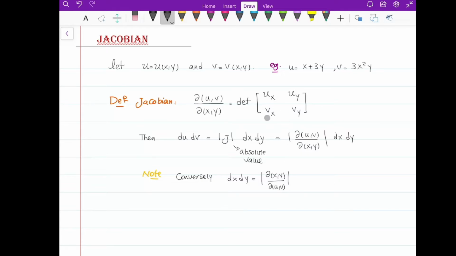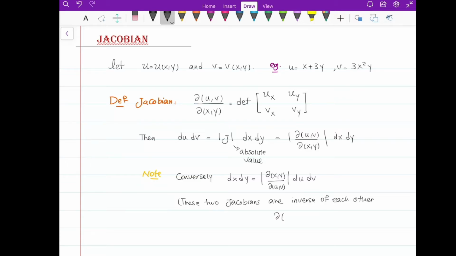Inside the Jacobian I have x with respect to u, x with respect to v, and then y with respect to u, y with respect to v, and then du dv. Okay, so these two Jacobians are inverse of each other. These two matrices are inverse of each other.